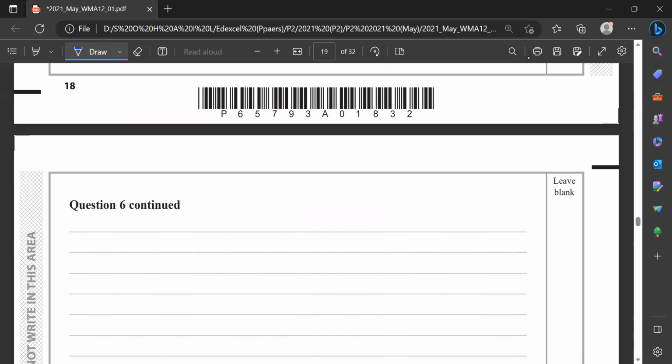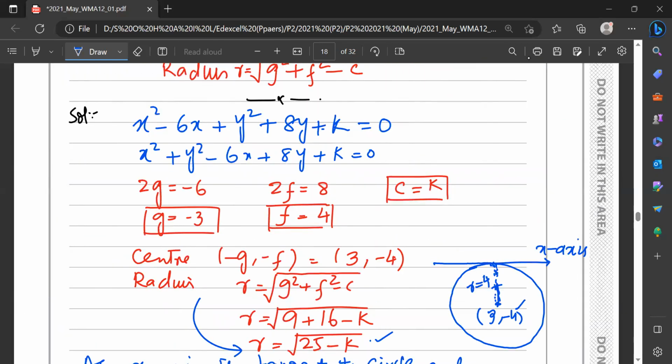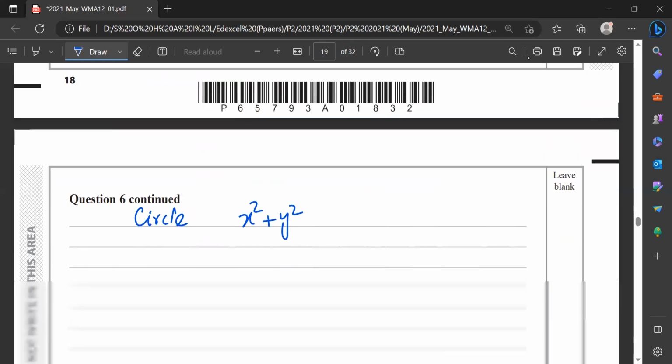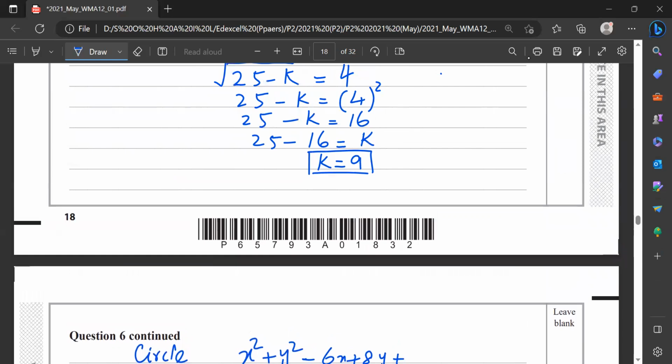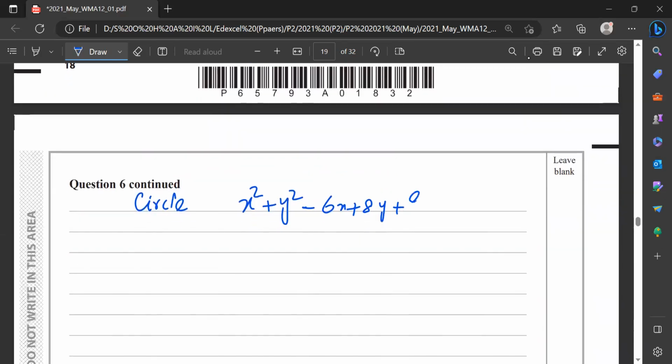The circle is now x squared plus y squared minus 6x plus 8y plus k, and k is equal to 9. This is the equation of the circle.